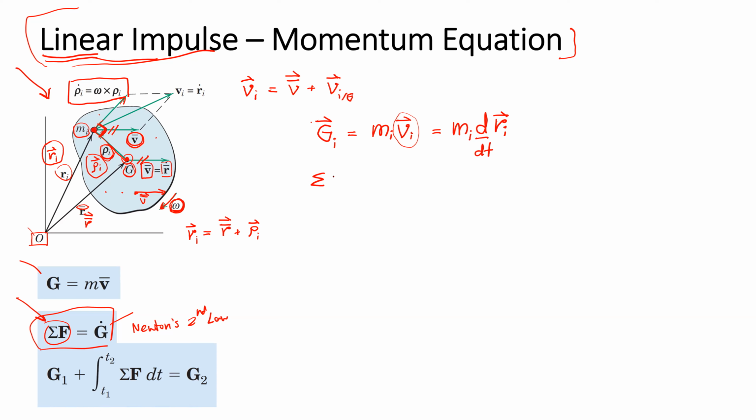The total linear momentum is the sum of the individual point linear momentum. The sum of the linear momentum is the sum of mi and vector vi for all particles on the rigid body.